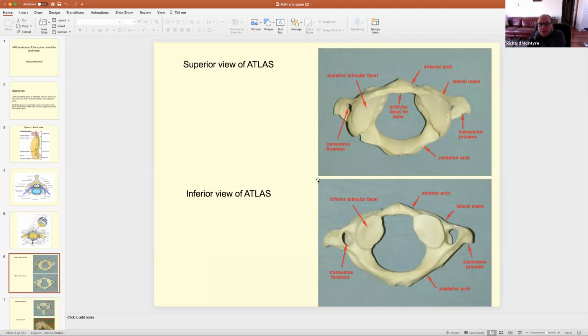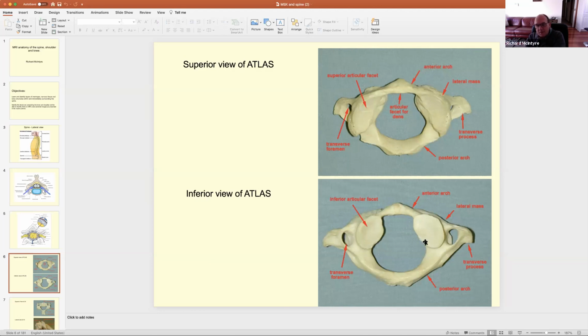So the bones we've just covered. These are the atlas, and the inferior view of the atlas. We know that's C1. So we've got the anterior and posterior from inferior, and anterior from superior.